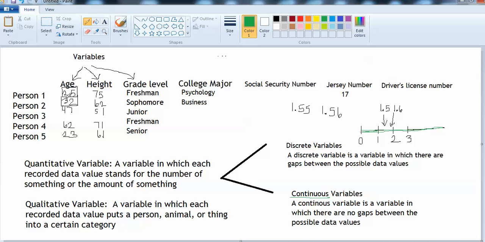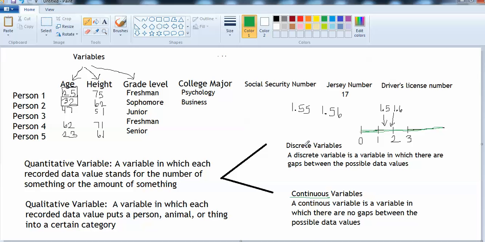A lot of naturally occurring amounts are continuous, like amounts of rainfall or wind speeds and things like that, or heights of people. Often what makes something discrete is when only whole numbers are possible. Some things are only created in whole amounts, like people are always whole amounts.